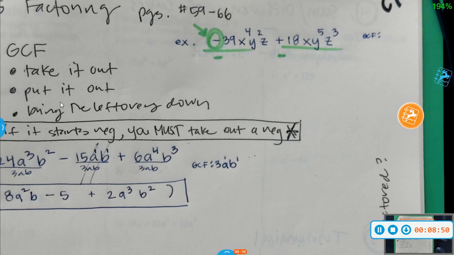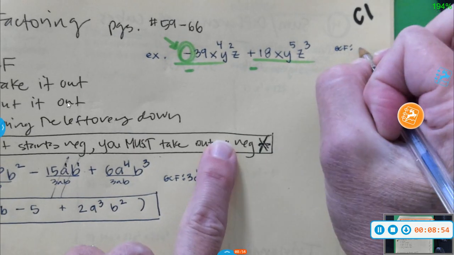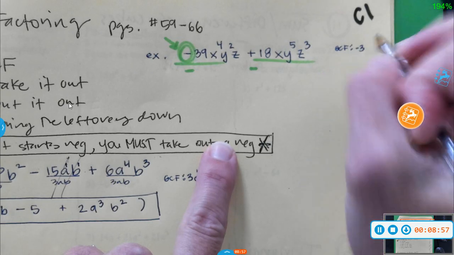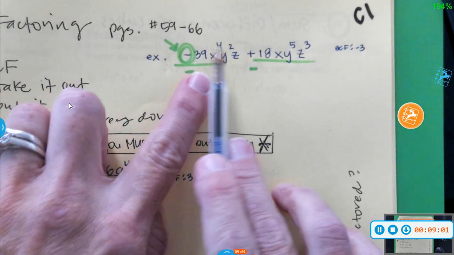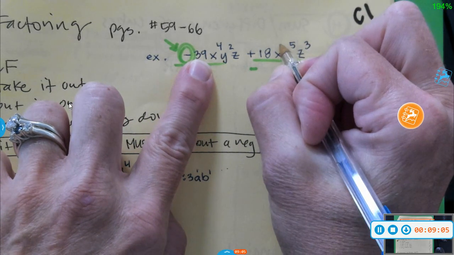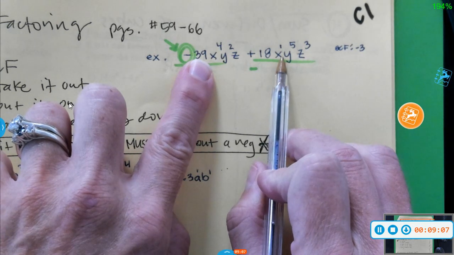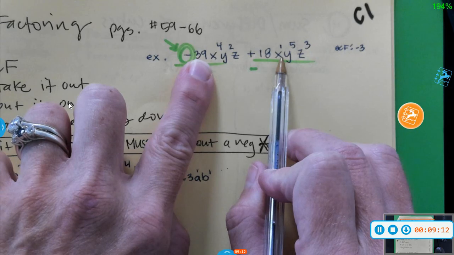What will go into 39 and 18? 3. And it has to be a negative. So we're going to take out a -3. And then we just go through our x's. If this guy has 4 x's and this guy has 1 x, how many x's do they share? 1. They share 1 x.